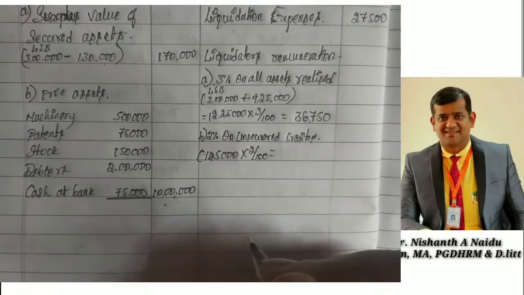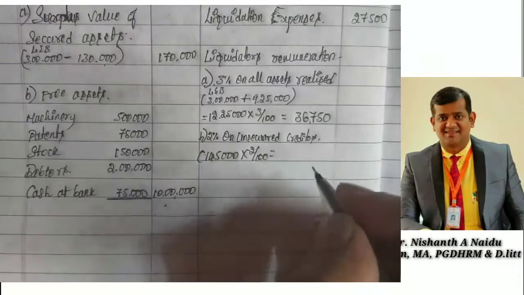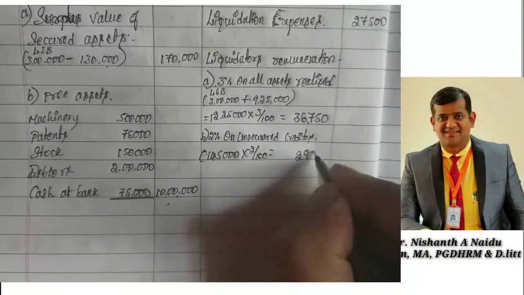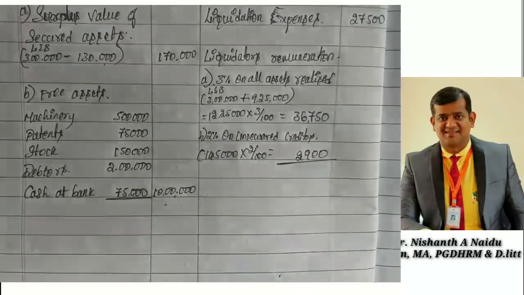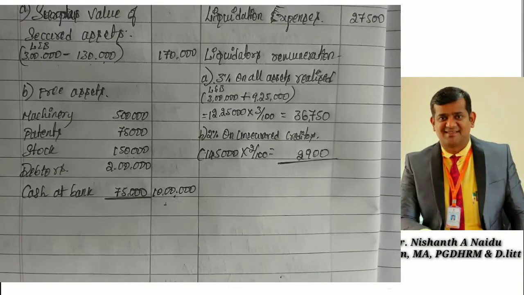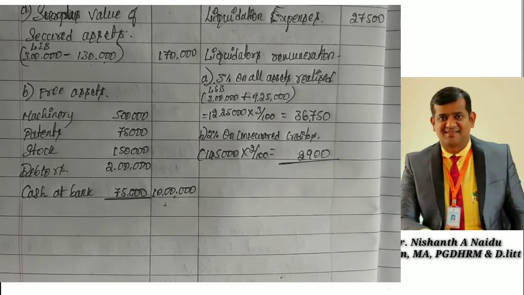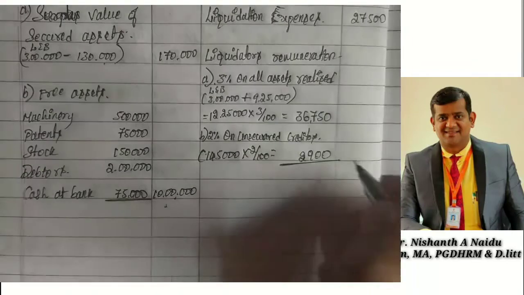That comes to 2,900 rupees. So now total it: 2,900 plus 36,750, 39,650 rupees.